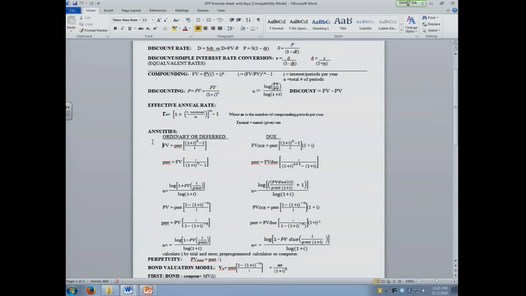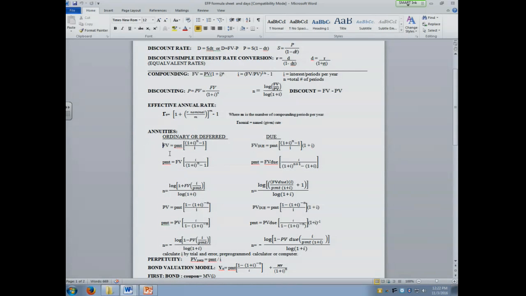If you buy the car on the 1st of the month, your payment's due the last day of the month. Same thing with your mortgage. You buy a house on the 1st of the month, your first payment's due at the end of the month. That is the definition of an ordinary or deferred annuity. And we will be using this first column right here of ordinary annuities.